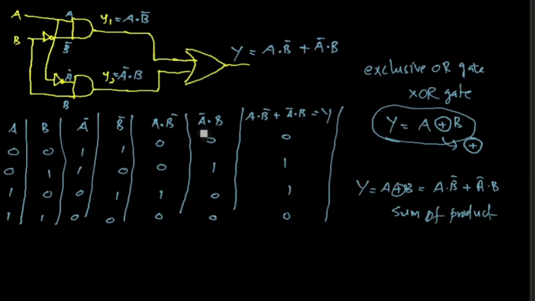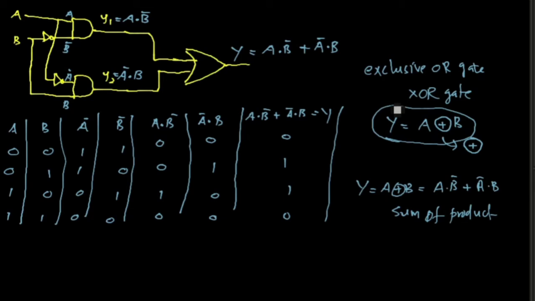The particular circuit is given this. So you may have heard about this type of circuit. This circuit, the exclusive OR gate, that is, the output of the circuit is high when any one of the inputs is high, and when both the inputs are high, the output will be 0.